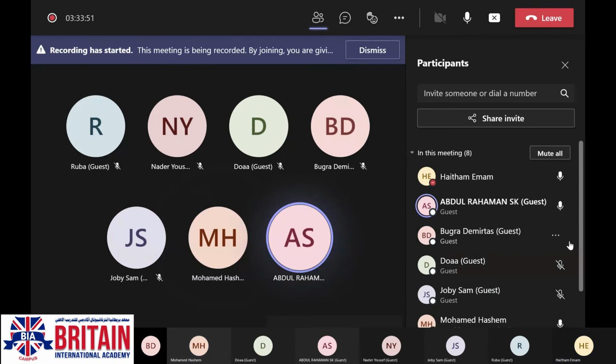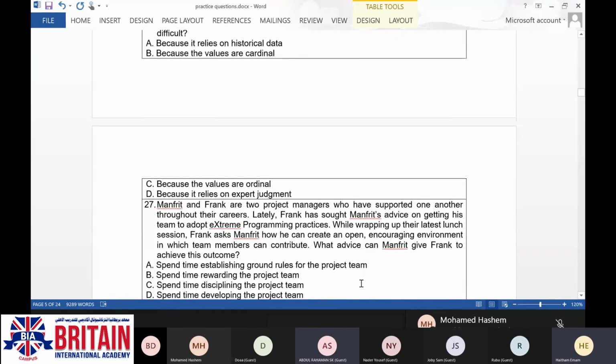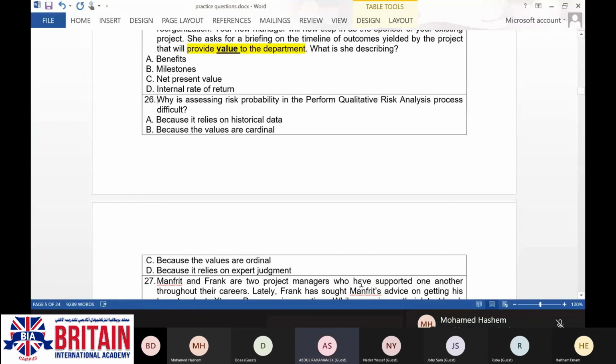What is the right answer here and why? Question number 26.